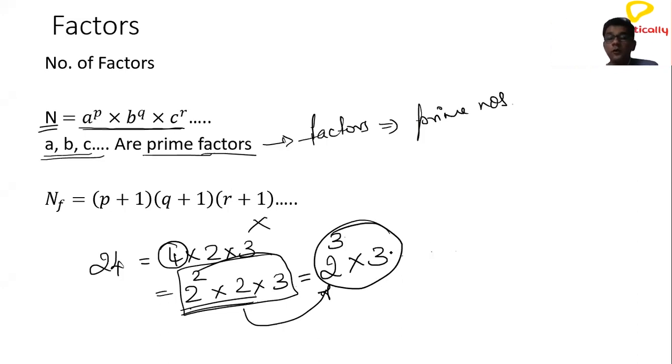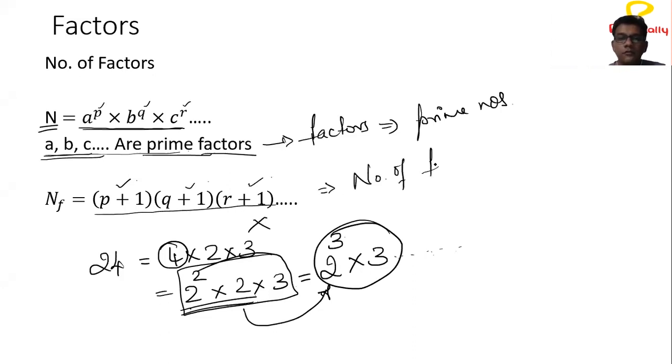Now, once I have done this, I have to take the power, add 1 to it, take the next power, add 1 to it, take the next power, add 1 to it, and multiply all of them. That's what becomes your number of factors.